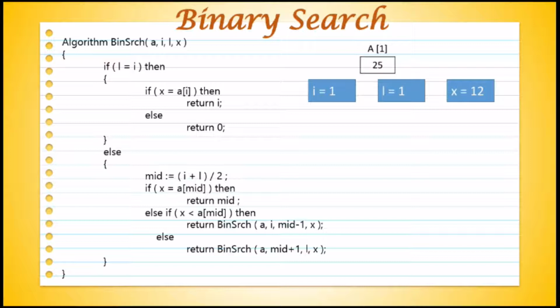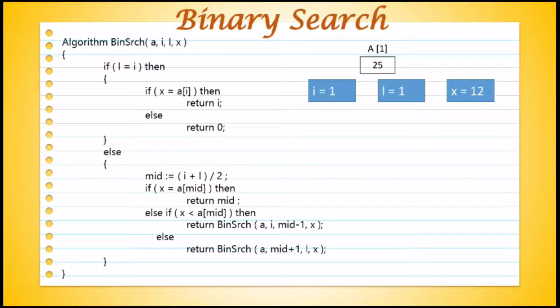So here x is equal to a of I? No, that condition is false. Basically we are checking 12 with a of I, that is a of 1. So is 12 equal to 25? This condition is false.